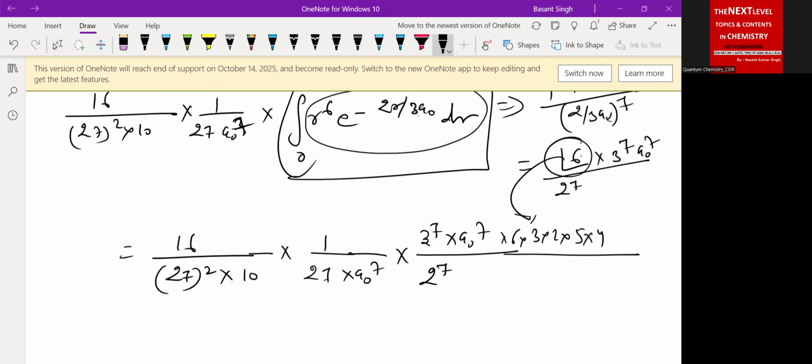Now, this is 27 to the power 2. So, you can take here 3 to the power 8, this is 3 to the power 7 and this is 3, so 3 to the power 8, that is 3 into 3 to the power 3 into 3 to the power 2. So this is gone here and this becomes 3 to the power 3, 3 to the power 3 and 3 to the power 2.